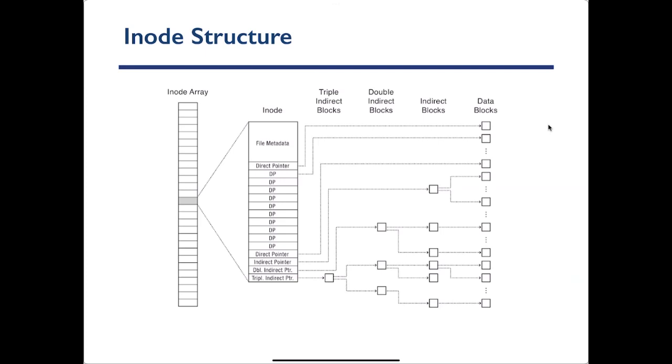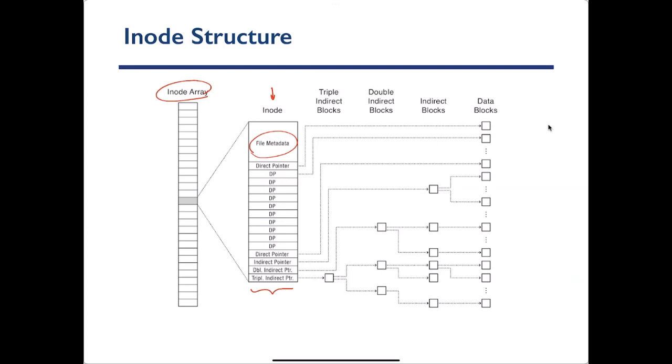Okay, so similar to FAT, the concept here is called the inode array, which is an array of inodes. Now each inode is, as you can see here, going to have some space for file metadata. This is an attempt to make FAT better.